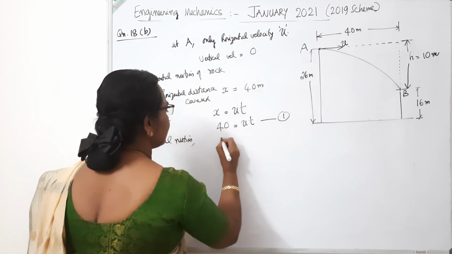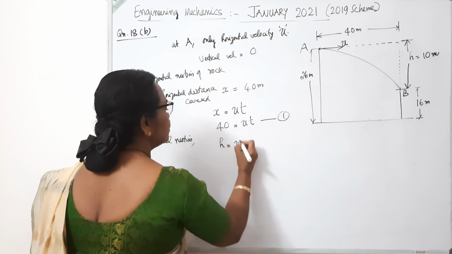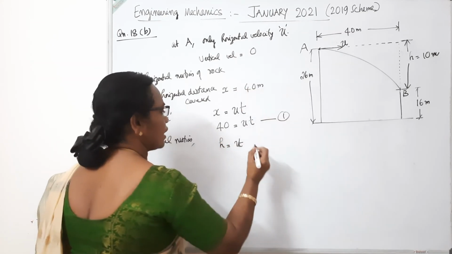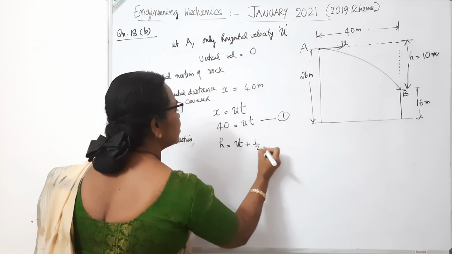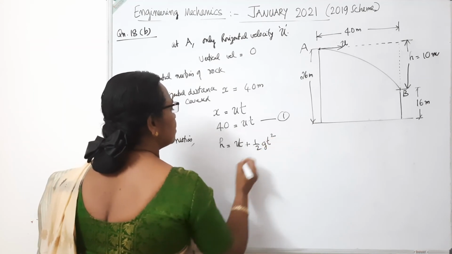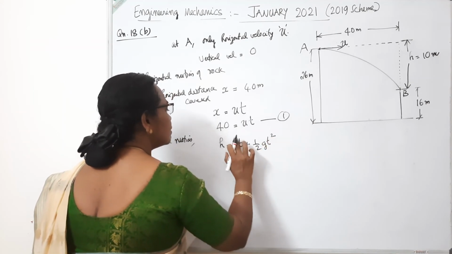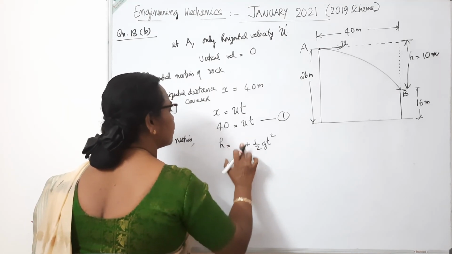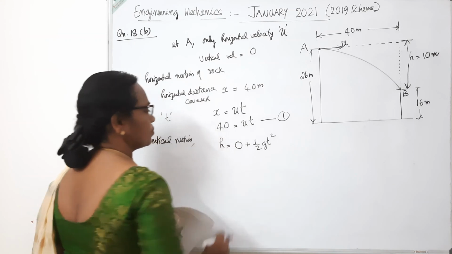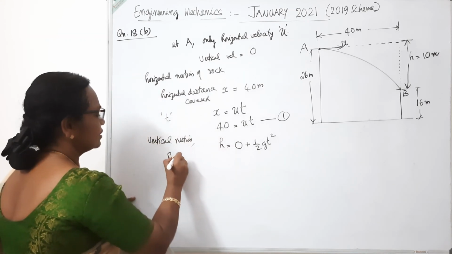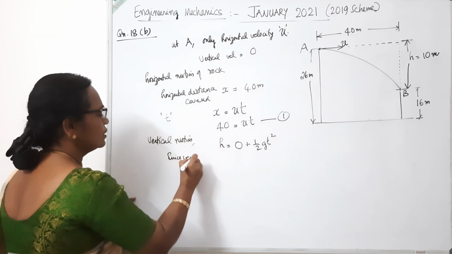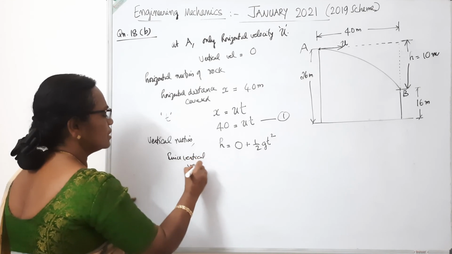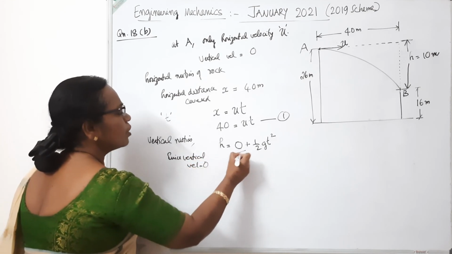H, the distance covered, h is equal to ut in the direction of gravity, so ut plus half gt square. But the vertical velocity, say u, is 0. So this term will be 0. Since considering vertical motion, the initial velocity in the vertical direction is 0 when the body is moving only in the horizontal direction, there will not be any first term.